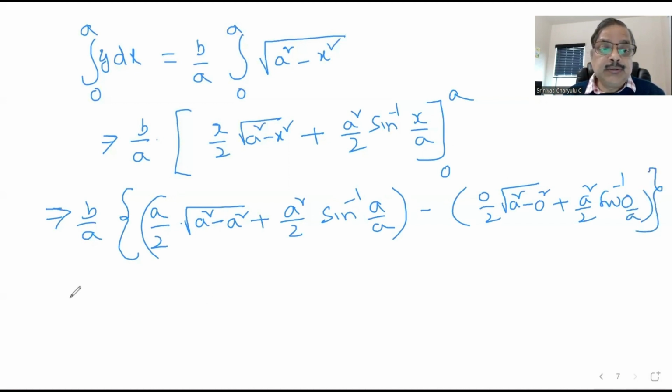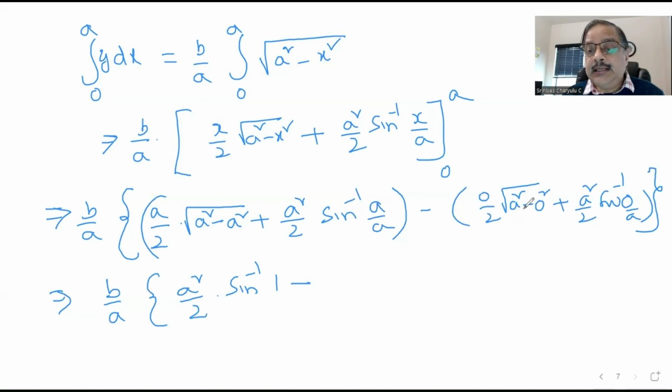Close the bracket. So what happens now? B by a, this is 0. We are having only a square by 2 sine inverse 1 minus this is 0. This is also 0. So we are having only b by a square by 2 sine inverse 1, already you know is pi by 2.